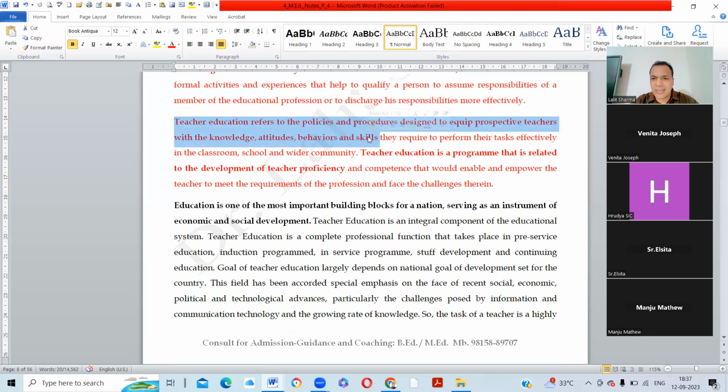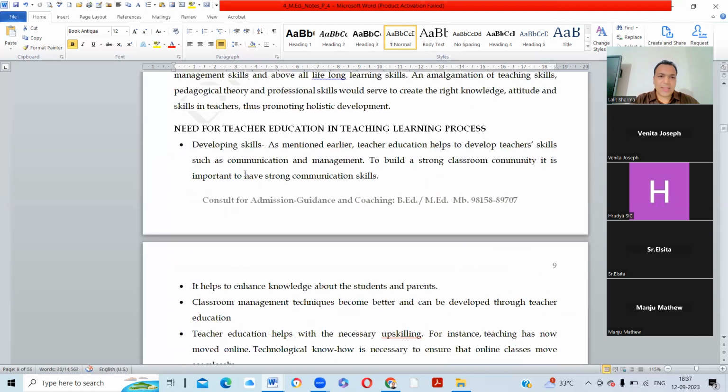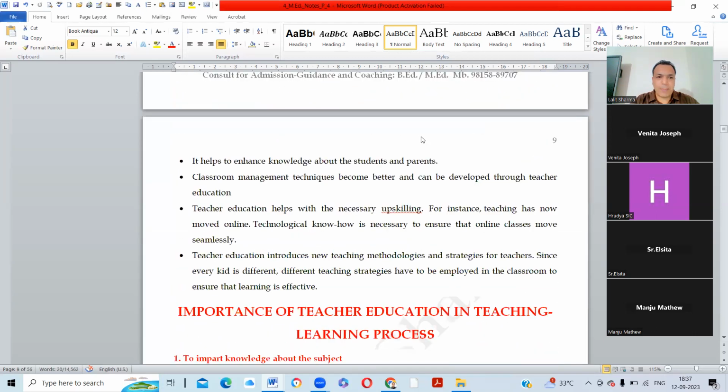And always remember, pre-service teachers are also called prospective teachers. Prospective teachers are not in-service teachers. Prospective teachers are always associated with pre-service teachers. Okay, so next, need for teacher education in the teaching learning process.